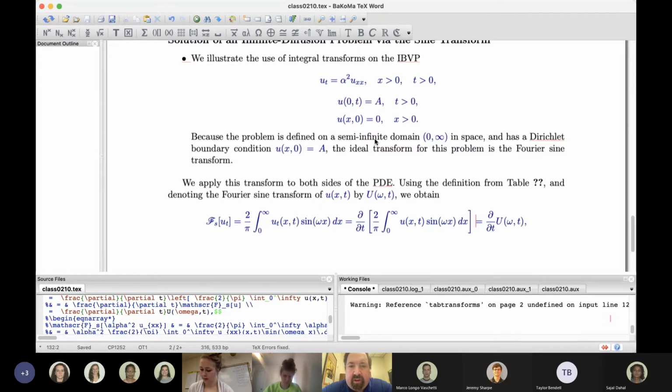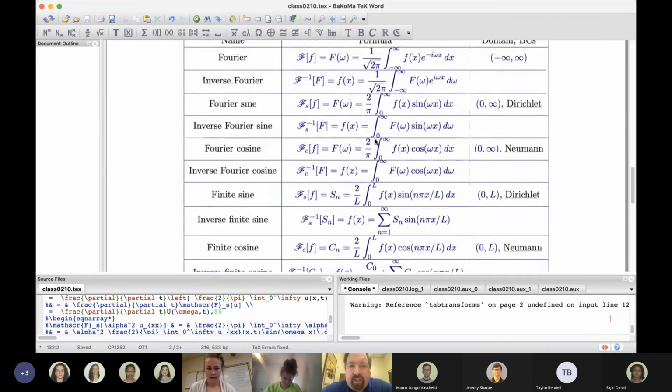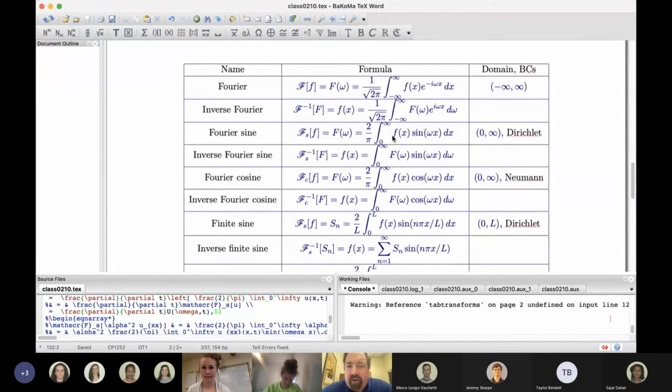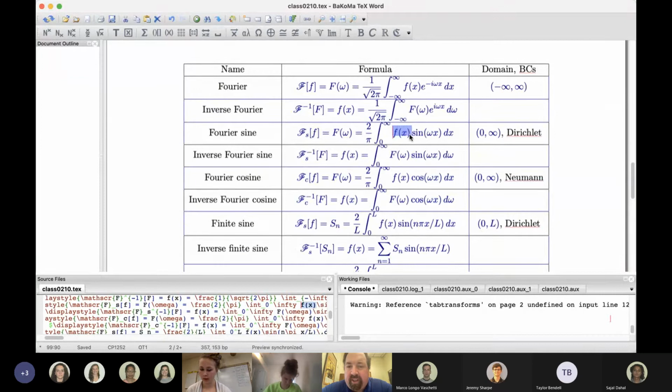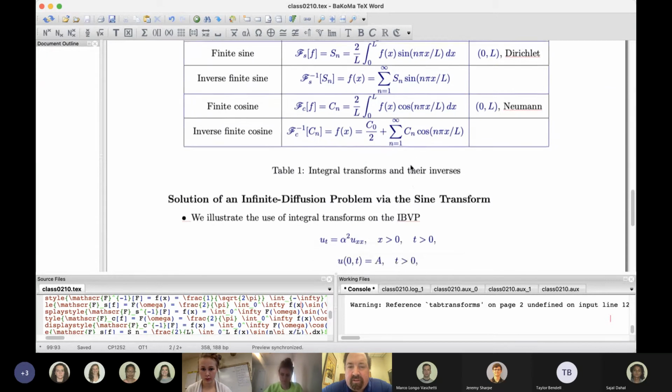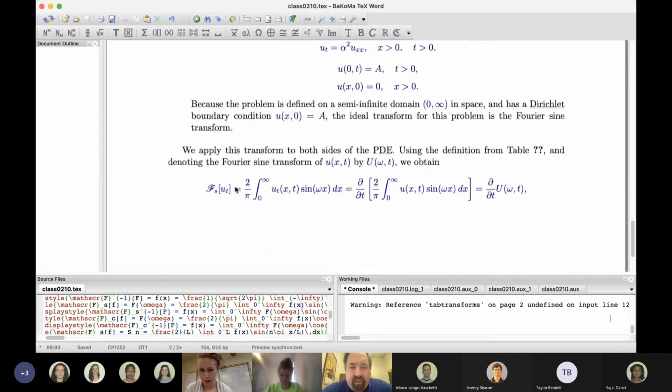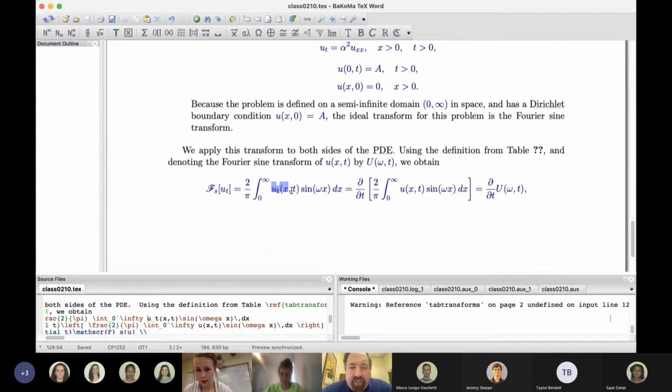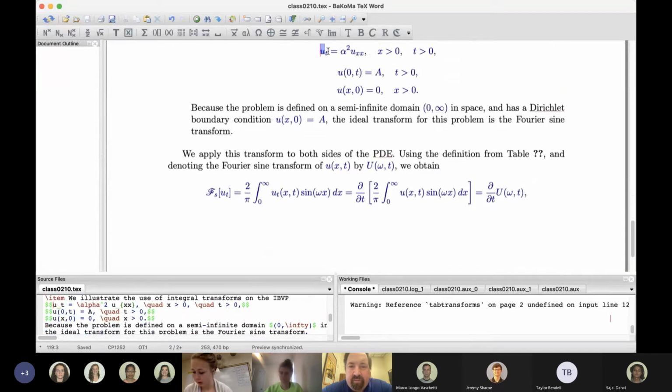So if I go to the formula for a Fourier sine transform right here, whatever I want to take a transform of, I multiply by sine omega x, and then take the integral from 0 to infinity, and I have to multiply by 2 over pi. So that's what I'm going to carry out on the left side. I'm taking a transform of du/dt from right here.